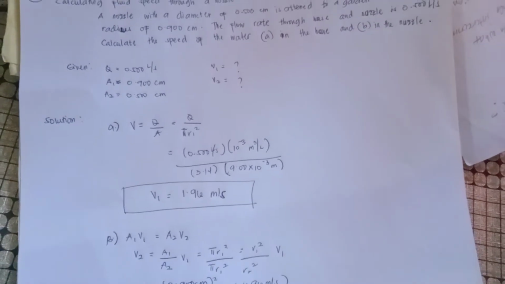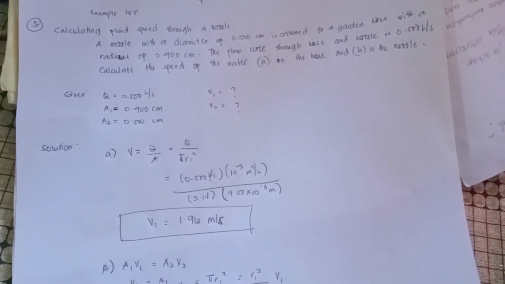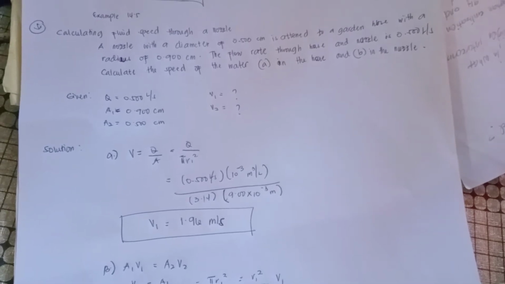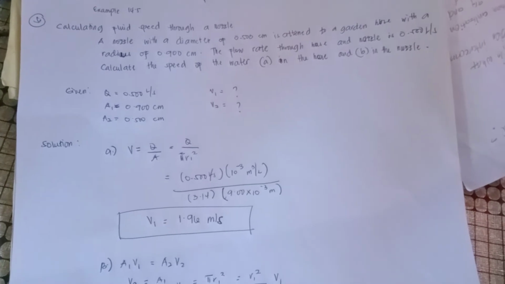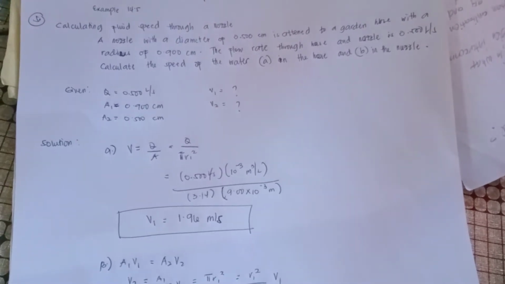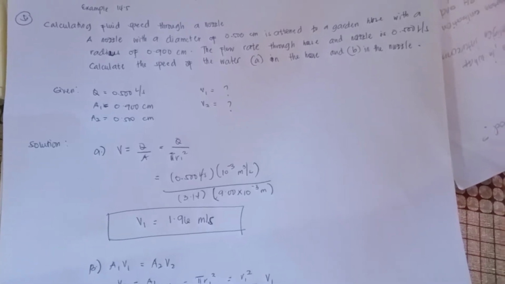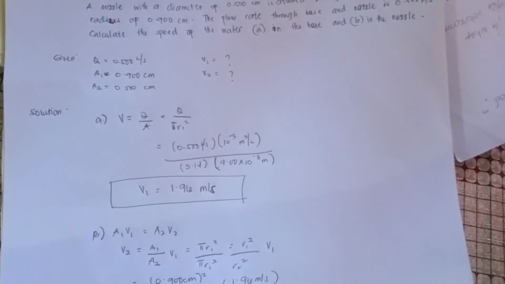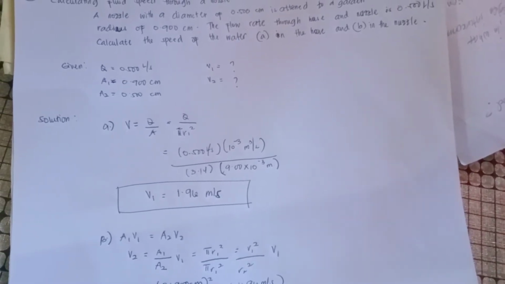Solution for the hose: we will first calculate the speed of the water in the hose, and then after that we will find the speed in the nozzle.